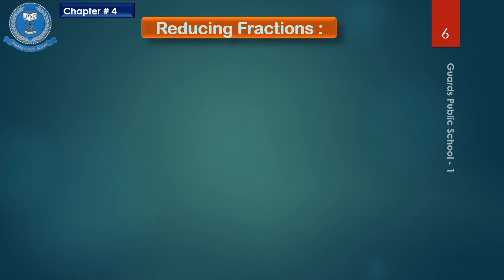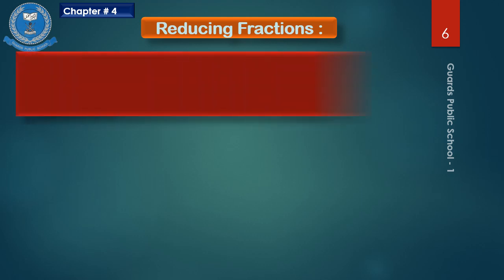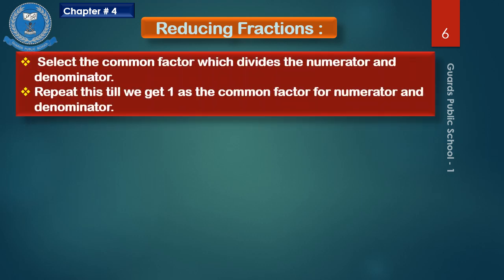As is clear from the term reducing, it means we have to reduce the given fraction to its lowest term. For reducing fractions, we have to know first these 2 points. Select the common factor which divides the numerator and denominator. Repeat this till we get 1 as the common factor for numerator and denominator.